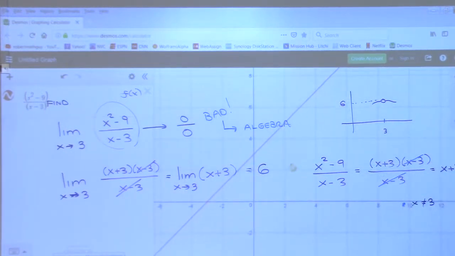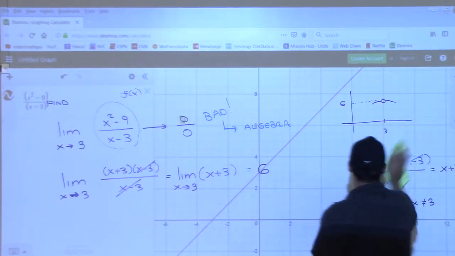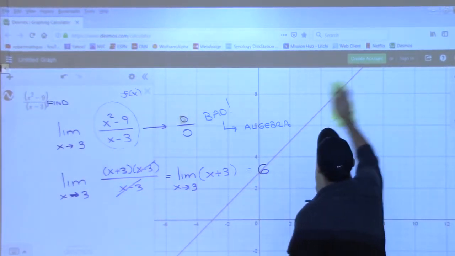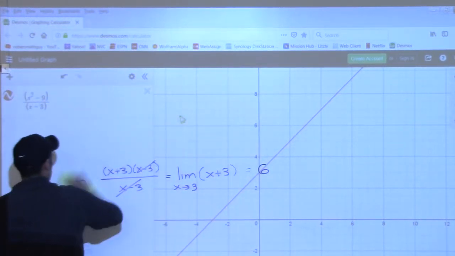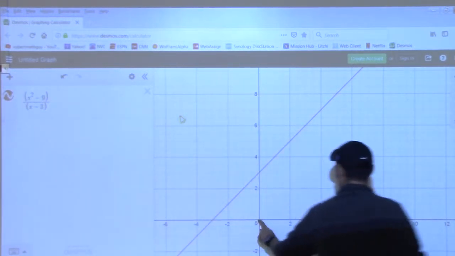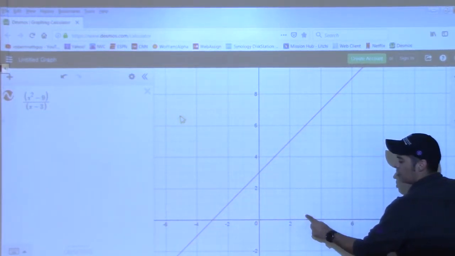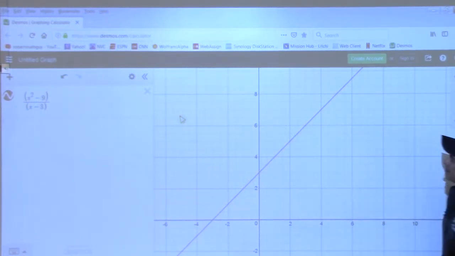And if I go to this graph and I look at the x value of 3, my function, if I come up here, is what? Well, it looks like it's 6, doesn't it?